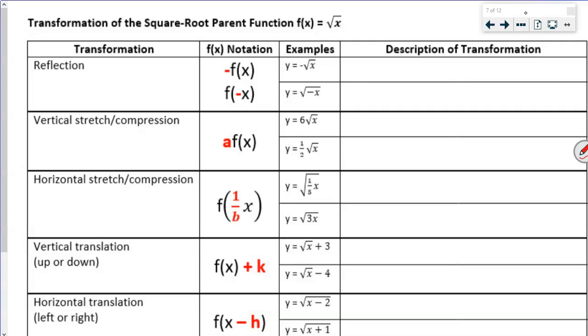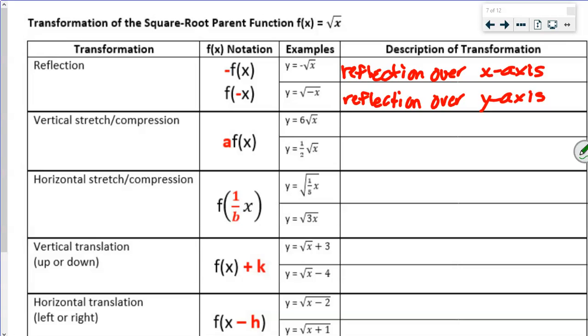Hopefully y'all remember this. And then if we have a negative underneath the radical, it's going to be a reflection over the y-axis.